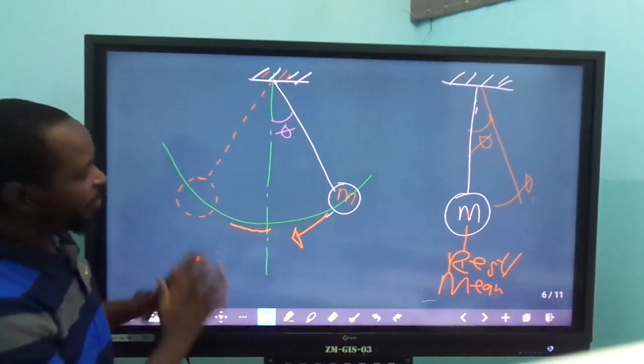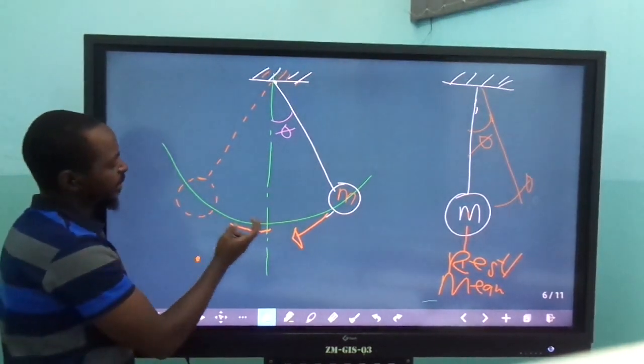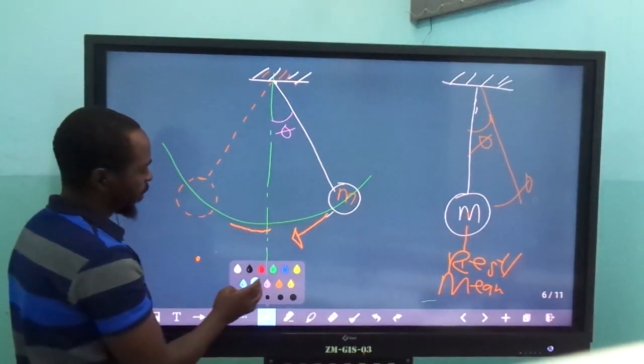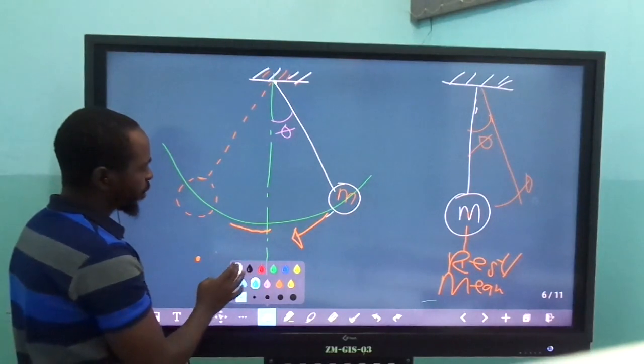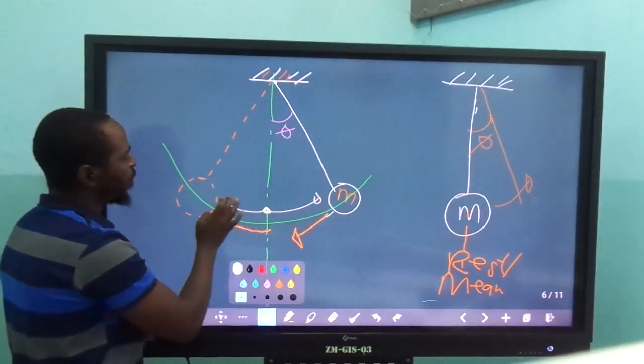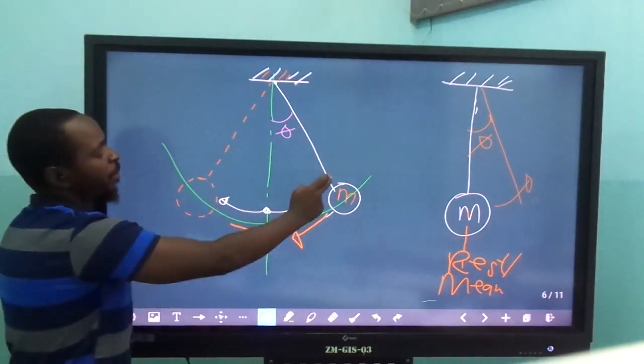If the system is not losing energy, it will just start oscillating between these two points. So we are going to have that periodic motion.